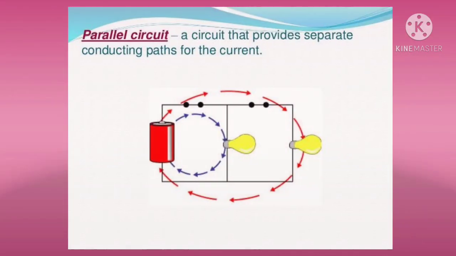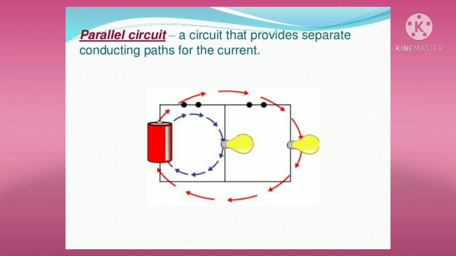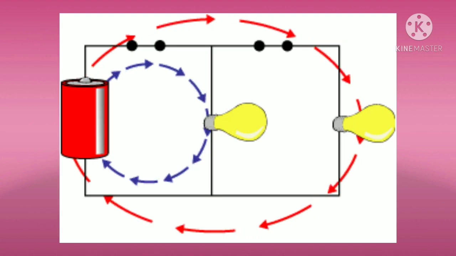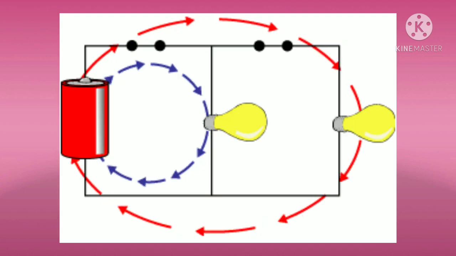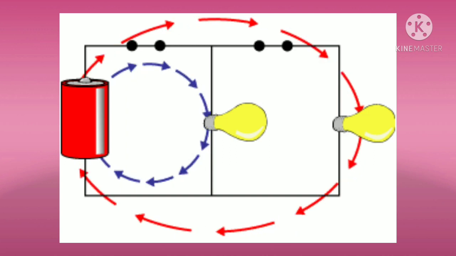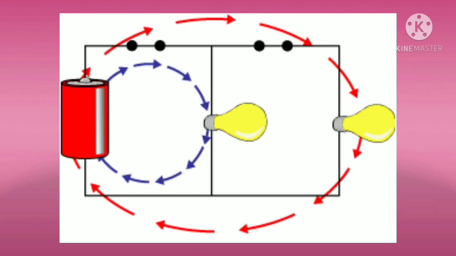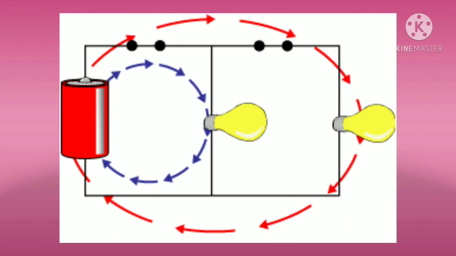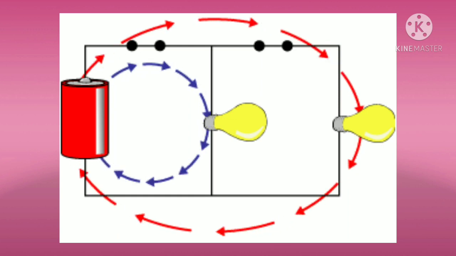Next is the parallel circuit, a circuit that provides separate conducting paths for the current. In a parallel circuit, there is more than one resistor, that is bulb, and they are arranged on many paths. You can observe the diagram.